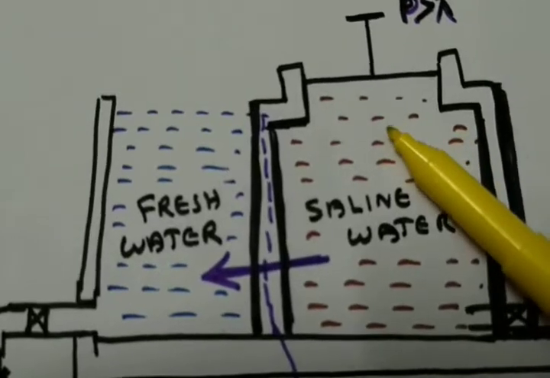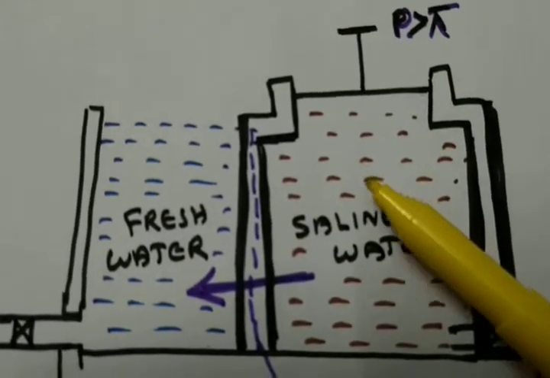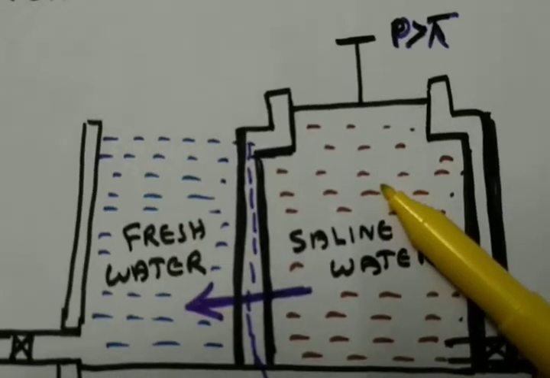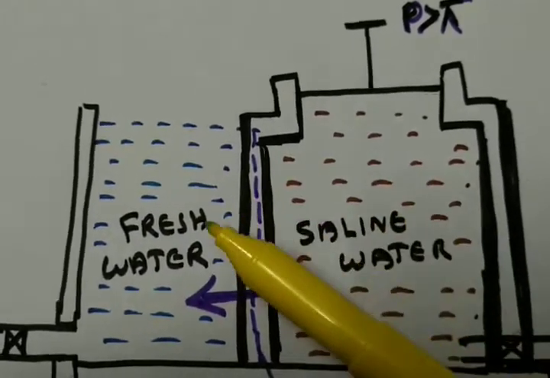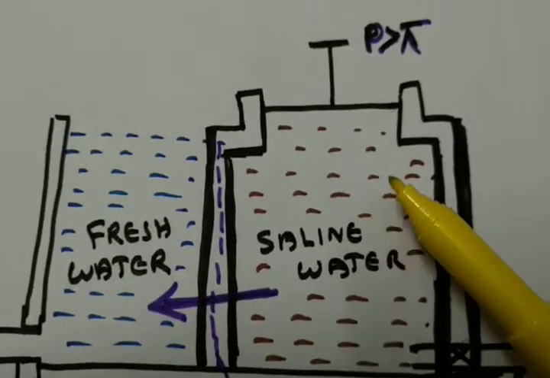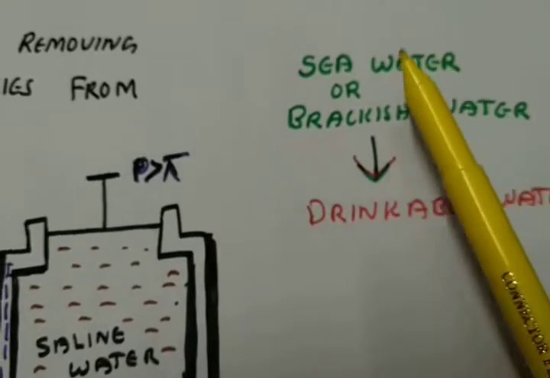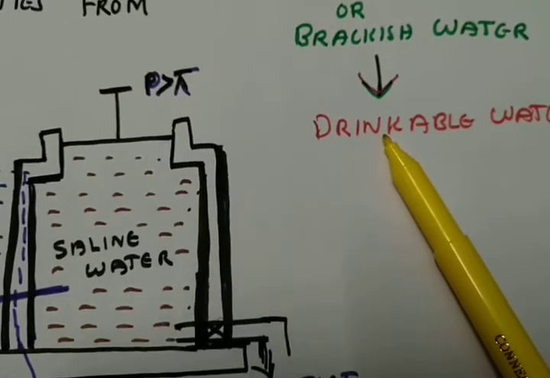Here you can see saline water is taken, excess pressure is applied, and the solvent molecule, water, passes from the solution side to the freshwater side. So desalination occurs by this process, and seawater or brackish water is converted into drinkable water.